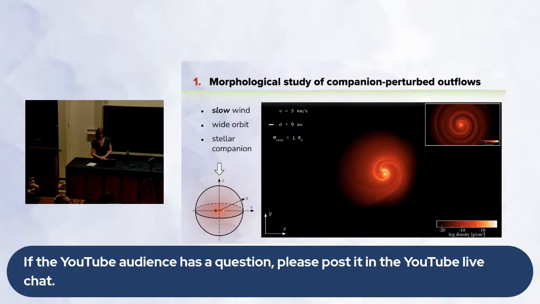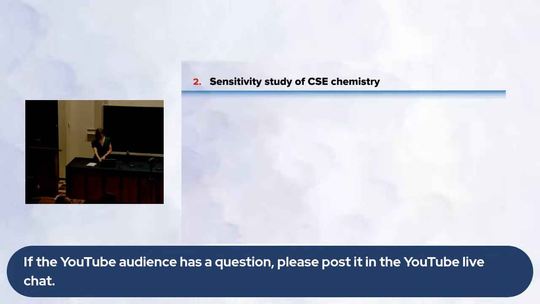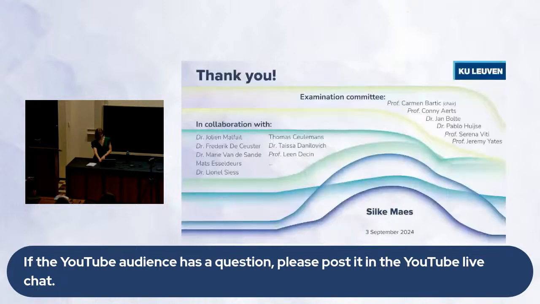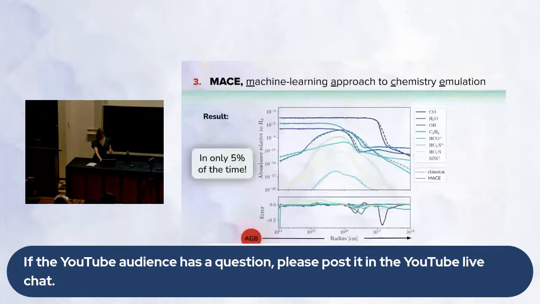If you go back to your final plot, the big one that shows how the curves change with the emulator versus from the default models. Yes, that one. So if I understand this correctly, this is for one time step, right? No, the radius you see here, in the case of circumstellar envelopes, can just be translated to time because we have this constant velocity.